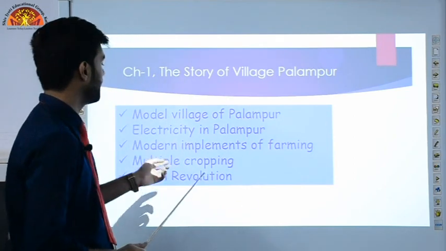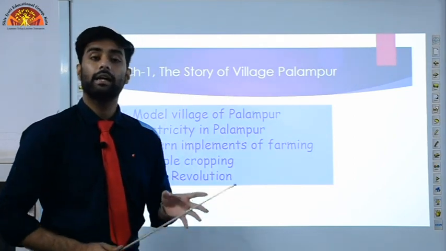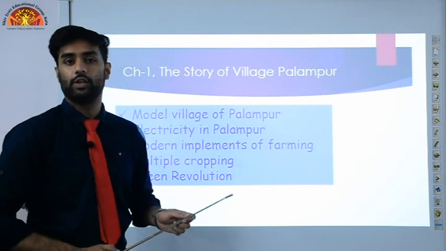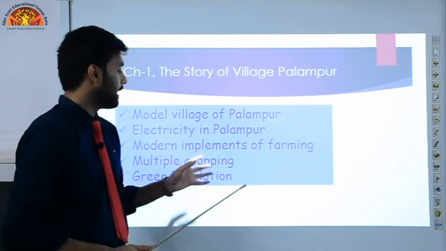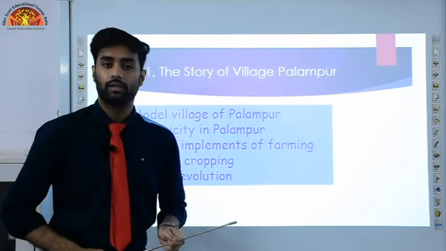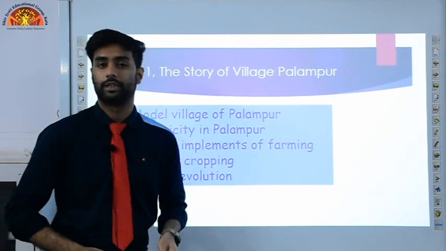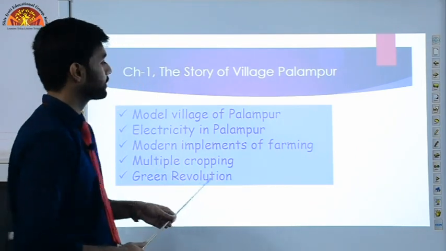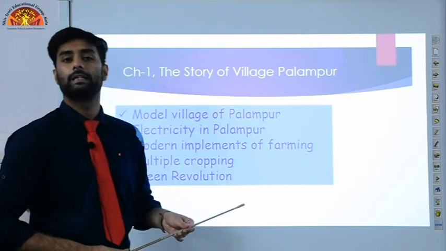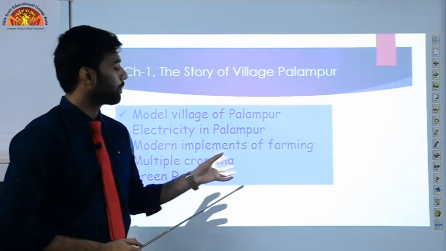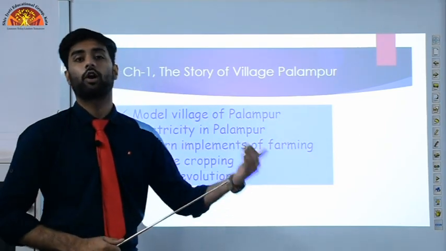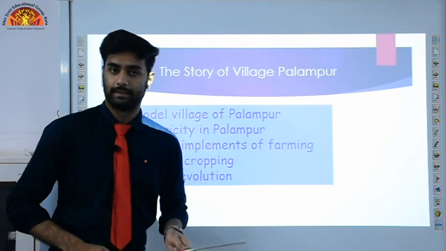Then the modern implements. Earlier, there were old tools which were used in farming. Now, modern implements were being used which increased the production. Then multiple cropping, we also learnt about it. What was multiple cropping? Multiple cropping is when you grow multiple crops on the same piece of land in a year.